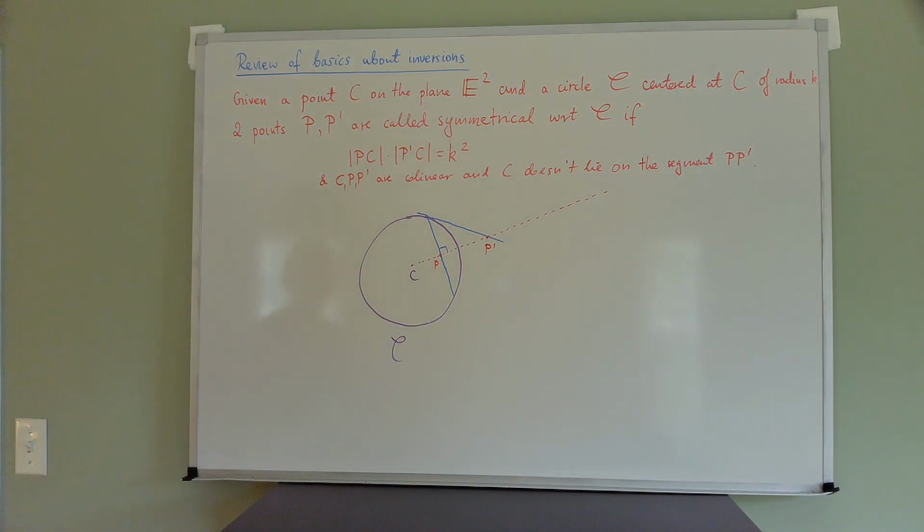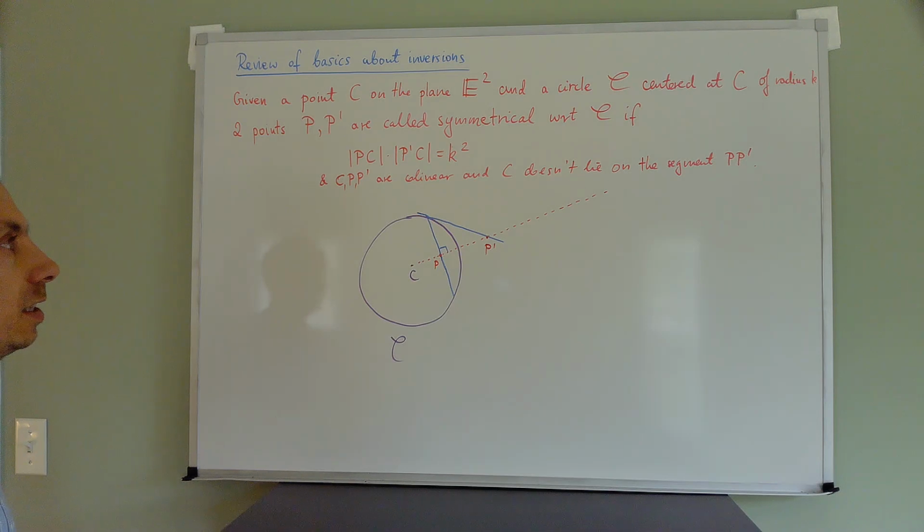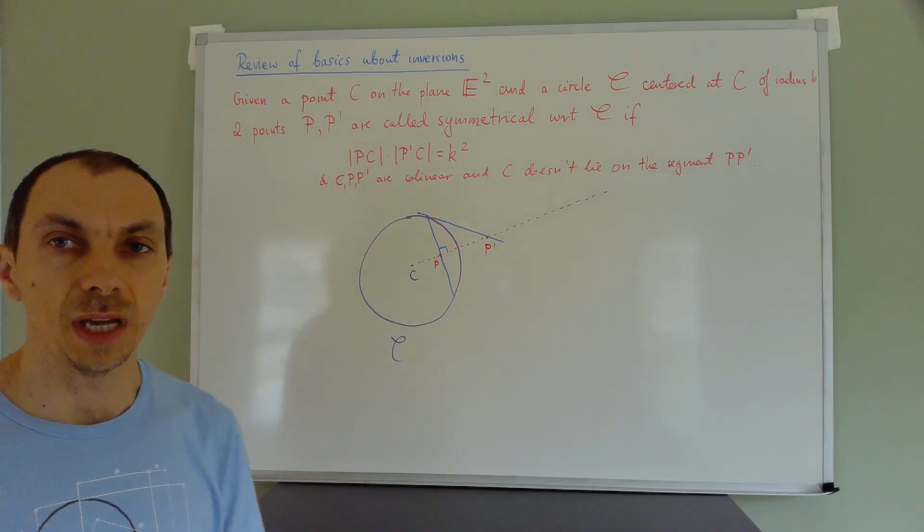So the title, as you see, is a review of basics about inversions, and first I begin with a definition of what it means for 2 points to be symmetrical with respect to a circle. So we give ourselves a point C, this one here, on the plane, and a circle. That's not the same type of C, right?